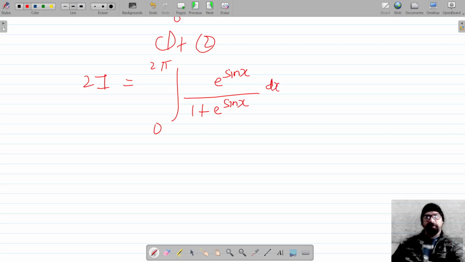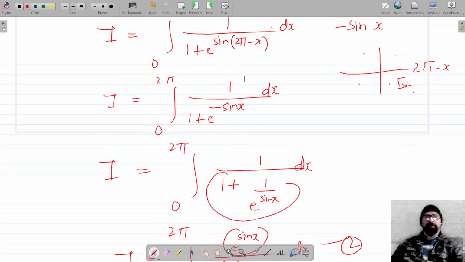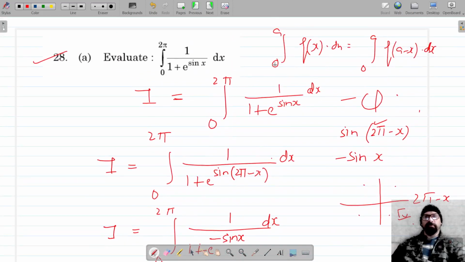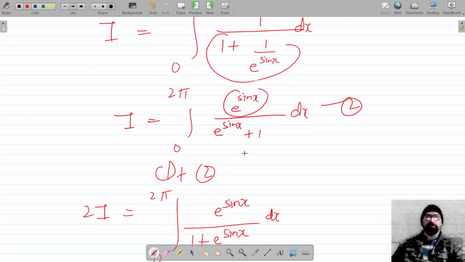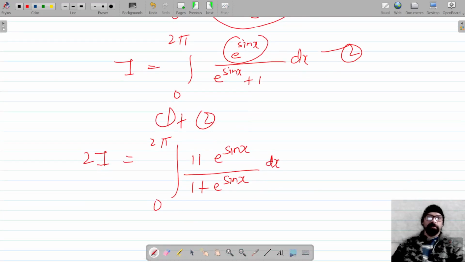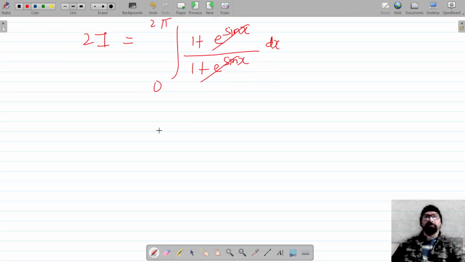So actually we have added that, so this should be 1. So in first equation it's 1, so this is 1 plus e raised power sine x upon 1 plus e raised power sine x. This gets cancelled. So 2I is now equal to 0 to 2 pi 1 into dx.